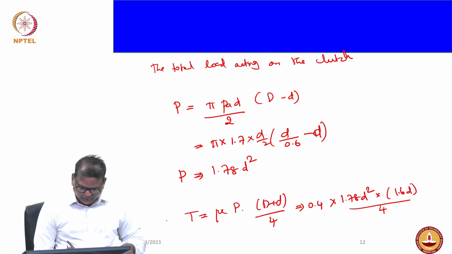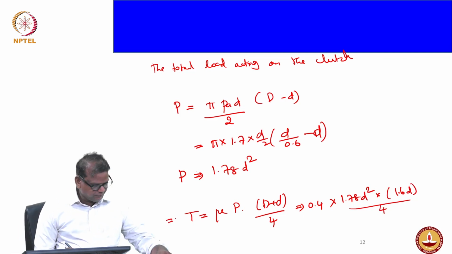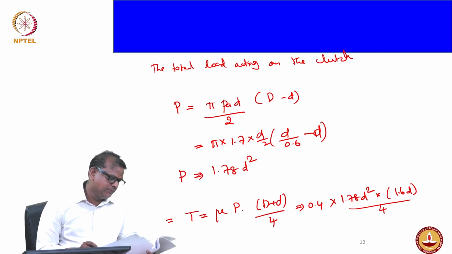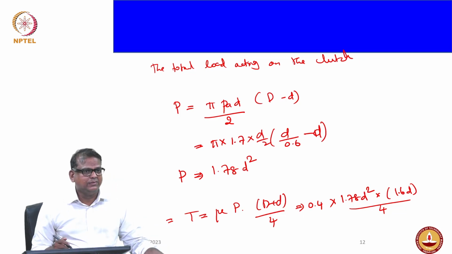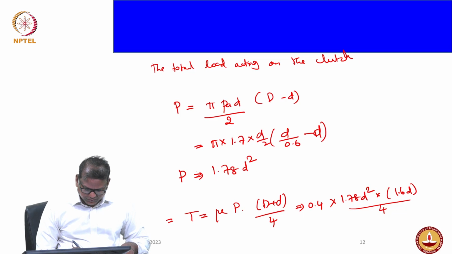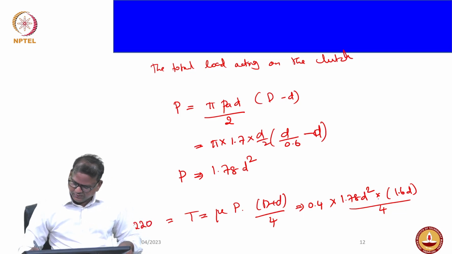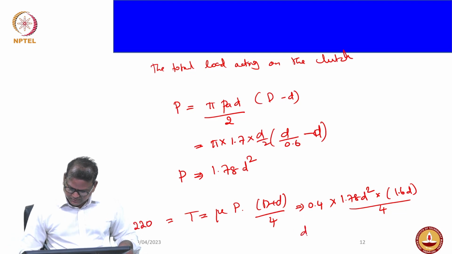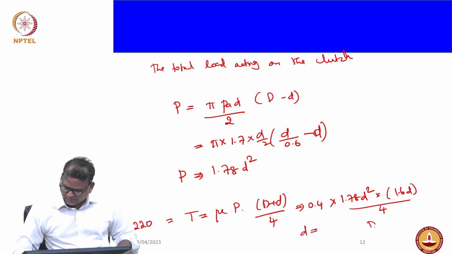But already we know torque equal to how much. What is the torque given in the problem? The torque is given as 220 Newton meter, right? So just equal to 220 Newton meter. So tell me what will be the inner diameter and outer diameter. That's what you need to do.